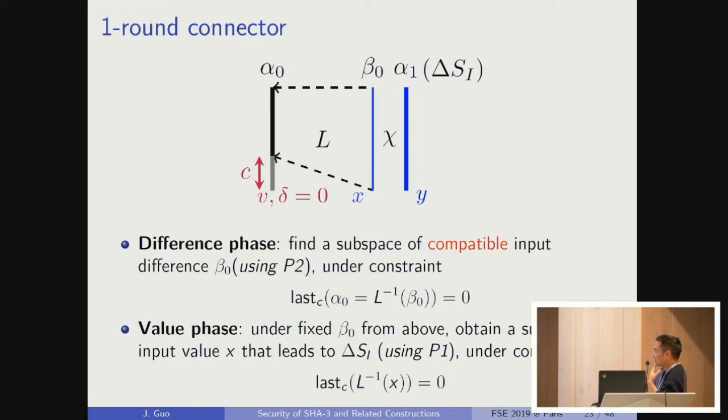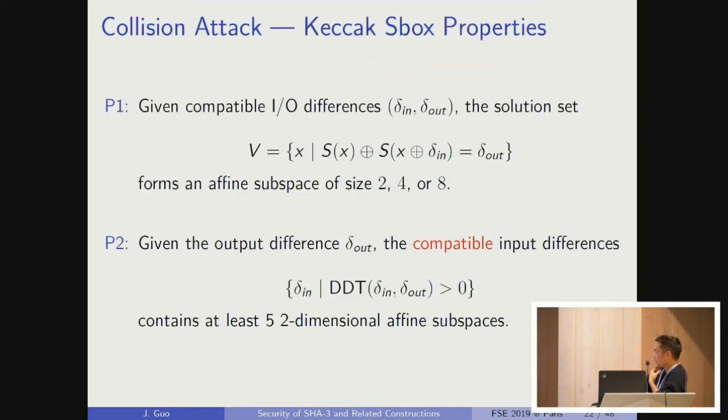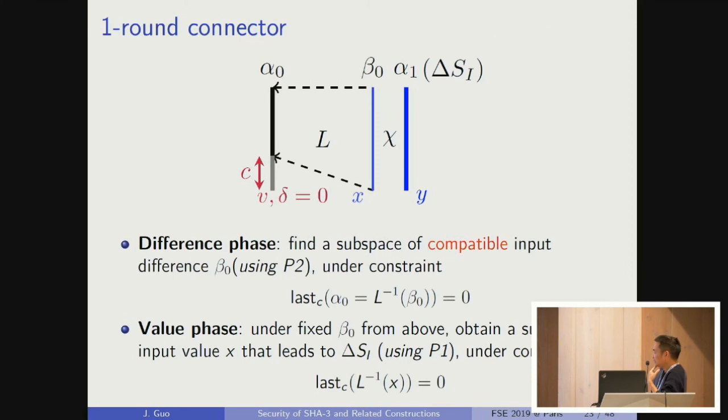And in the value phase, under the fixed beta 0 from above, we obtain a subspace of inputs X that leads to delta Si under P1. So let's look at P1. This is given, and once we fix the delta in, the solution set is actually forming a subspace.